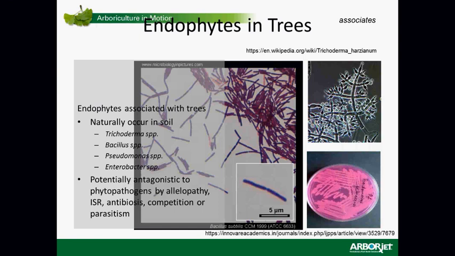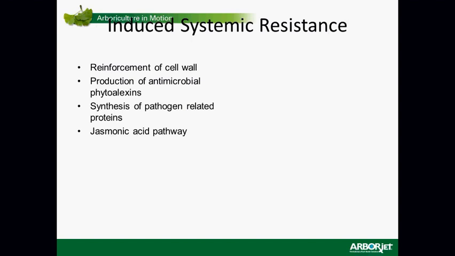So what does that mean? Allelopathy means that the organism can excrete chemicals that suppress the competitor. ISR is induced systemic resistance, and what it does is incite the plant to defend itself. It does that through a pathway called the jasmonic acid pathway.